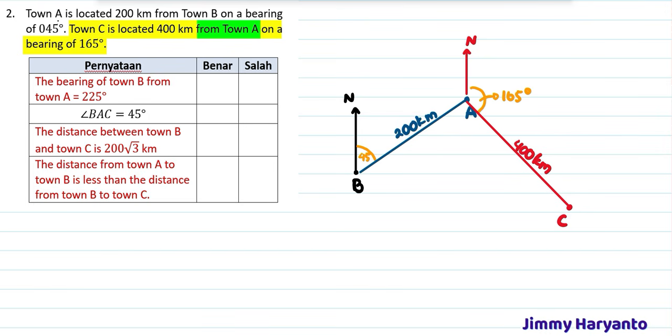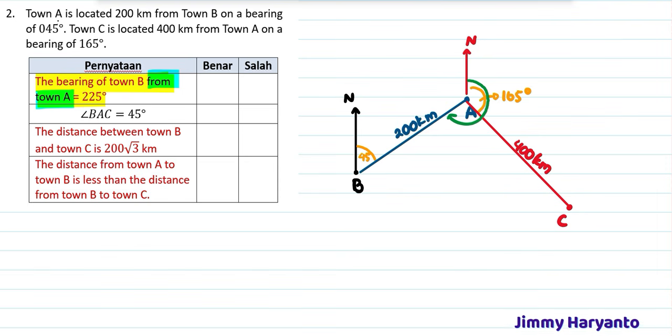Let's take a look at the statements. The statement says the bearing of town B from town A. It says from town A. Okay, so we'll start from the north of A to the B. To the B means this big. And then how do you find it? First, you have to extend this line.